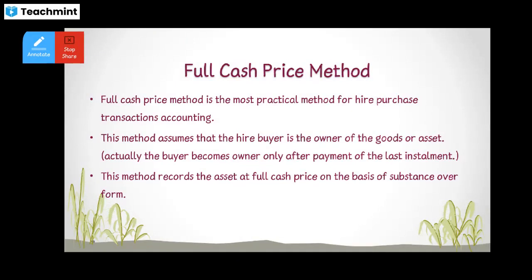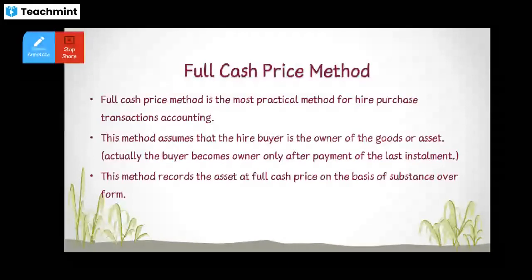Now, why is it so? Because it assumes that the hire buyer is the owner of the goods or assets. Though he is not actually the owner, he will be the owner only after payment of the last installment. And this method records the asset at full cash price on the basis of substance over form.